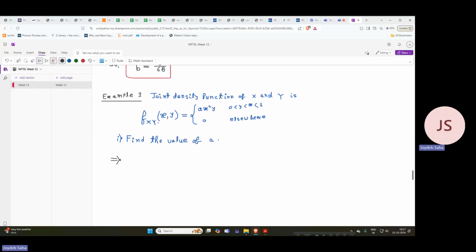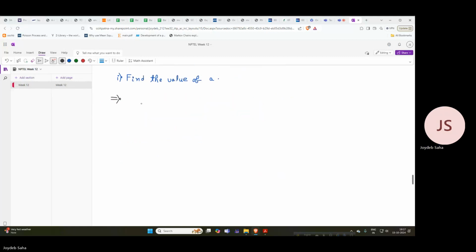Okay, so let us try to solve the question. Once again, we can write that minus double integration of minus infinity to infinity f of xy dx dy will be 1, right?